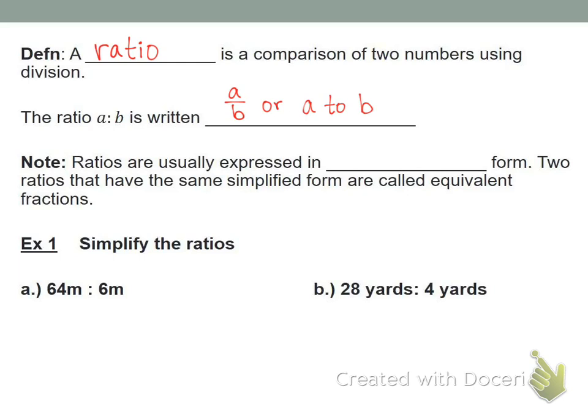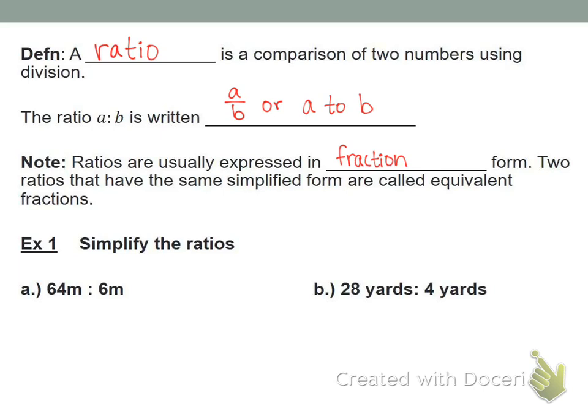Ratios are usually expressed in, if you had to choose out of these 3 ways, which do you think it usually is? A fraction. It's usually in fraction form. Two ratios that have the same simplified form are called equivalent fractions or equivalent ratios.